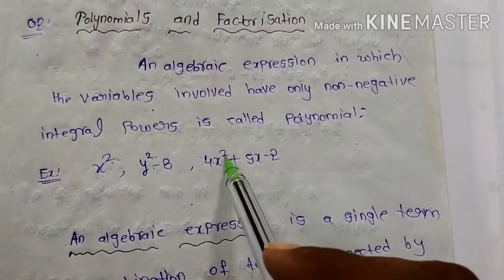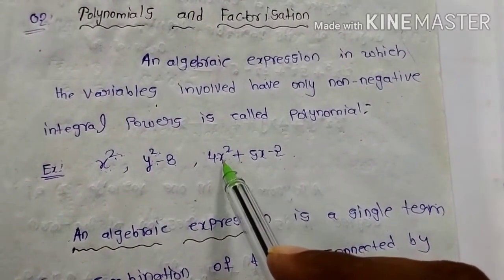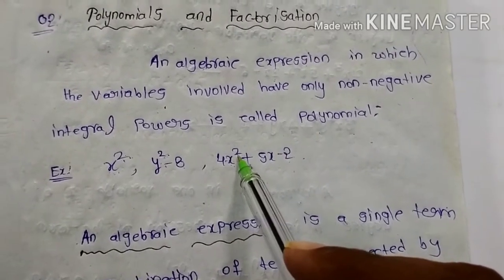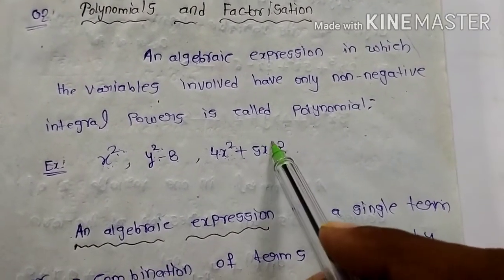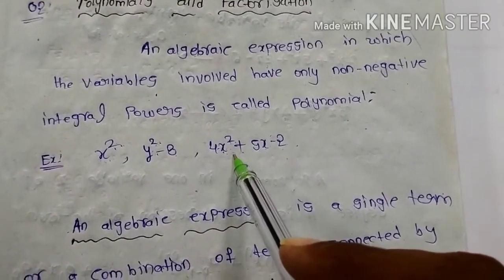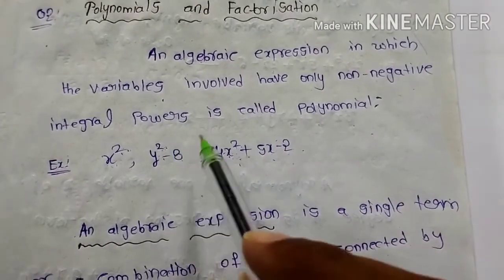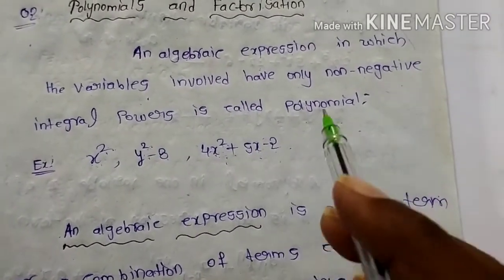See here 4x square plus 5x minus 2. Here 4x square, the power is 2. Here the power of x is 1. These two are positive integers, positive only, so these are called polynomials.